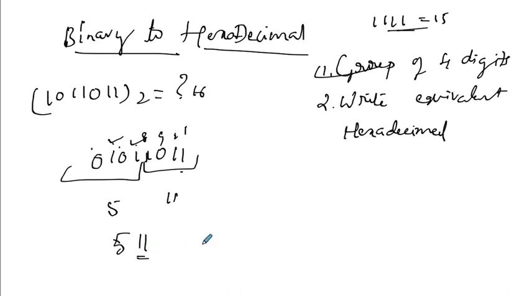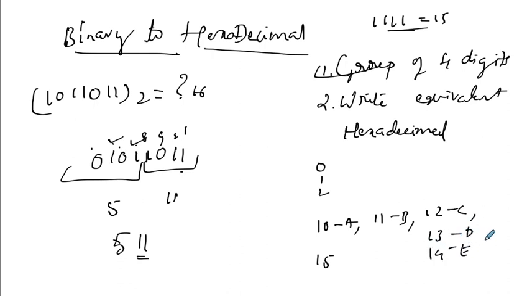But if you remember, in the hexadecimal number system we go from 0 to 15, am I right? 0, 1, 2 up to 15. 10 can be written as A, correct, and 11 is written as B, 12 is written as C, 13 is written as D, 14 is written as E, 15 is written as F. What did we obtain? 5 and 11.